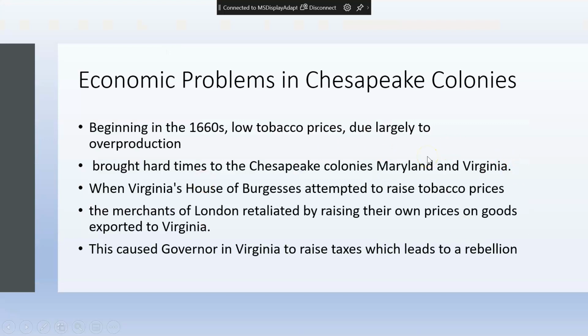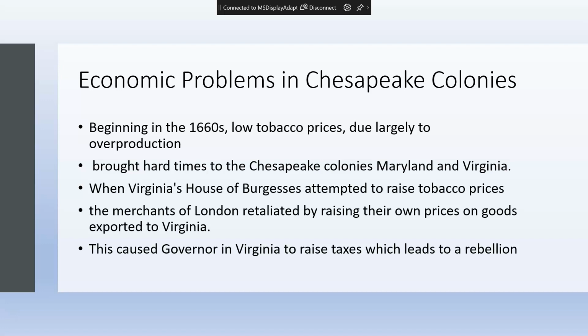So, I might have mentioned this already, but by the 1660s, I already talked about how tobacco prices had decreased, right? Because they started to overproduce tobacco, and the demand was not matching what they were producing. So there was overproduction of tobacco, and they weren't making as much money. So these colonies tried to regulate the prices of what was going to England.